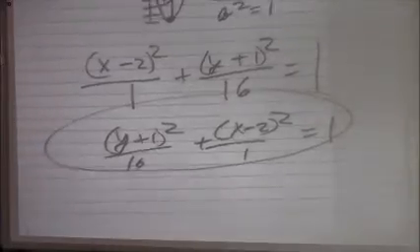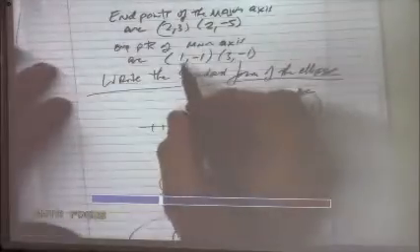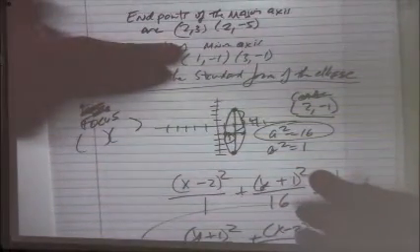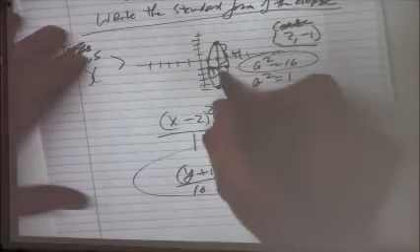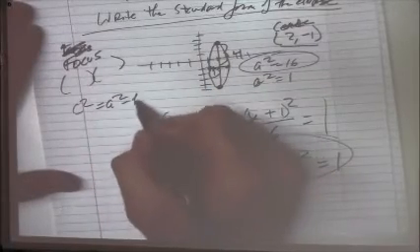Okay, so I could have given you something different. If I had instead said that the focus points, let me write the word focus. Say I gave you what the focus points were, and I did not give you the minor axis. If I gave you the focus points and not the minor axis, you wouldn't know what b squared was or what b is. But you could then find the distance from the focus point to the center, and you would do c squared equals a squared minus b squared.